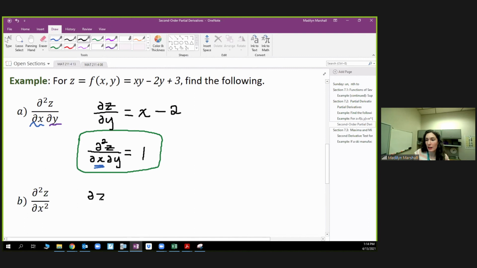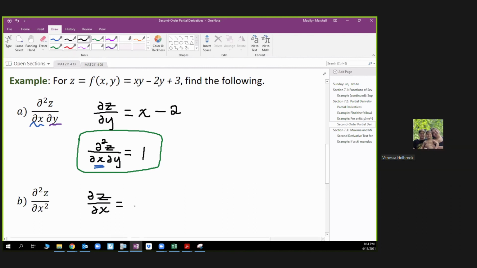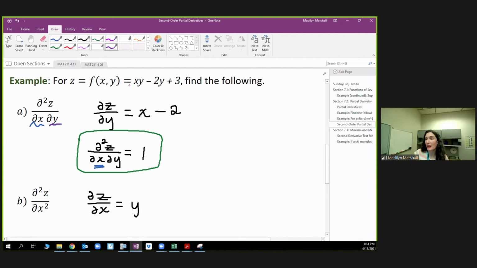So we would start the same way by finding dz dx first. Which is just y. Just y, exactly. Since this first term is the only one with an x in it, just xy, the coefficient of x is y, so that's what we have left. And the minus 2y plus 3 is all just constants when we are focusing on x. Exactly.